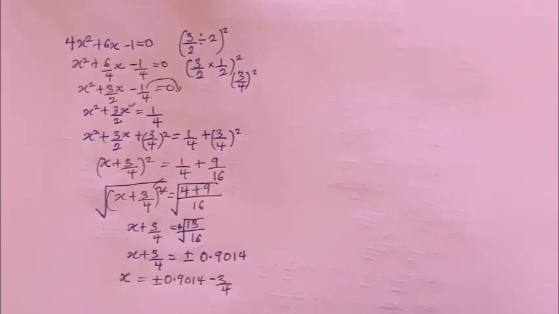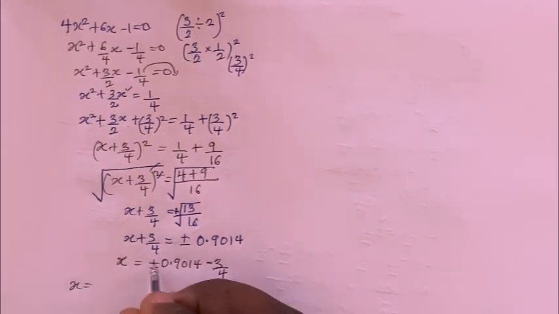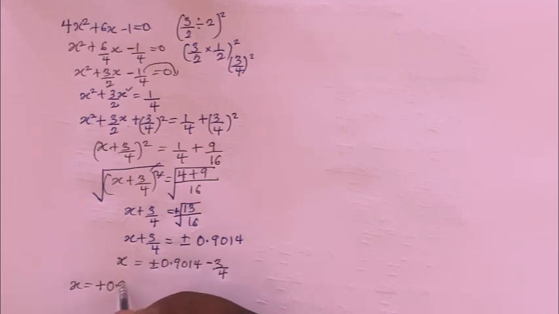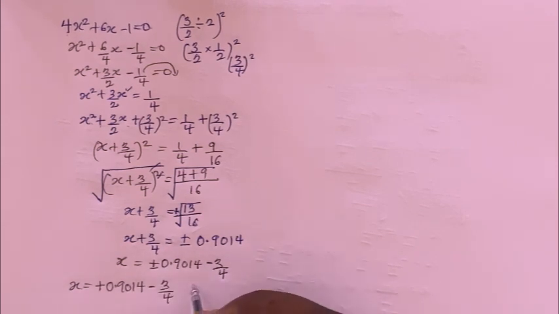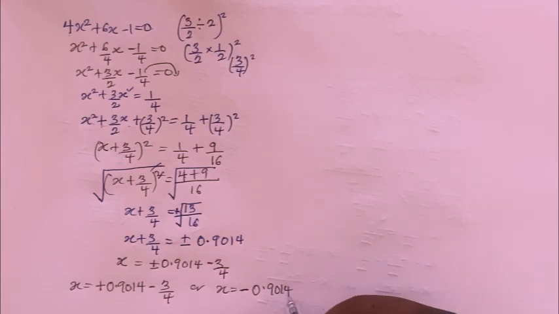So now in this case, I'm going to have x equals the first one, which is the plus 0.9014 value of the first root, then minus 3 divided by 4, or we have x equals minus, this is plus and this is going to be minus, which is negative 0.9014, then minus 3 divided by 4, exactly.